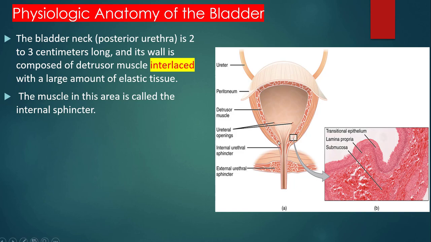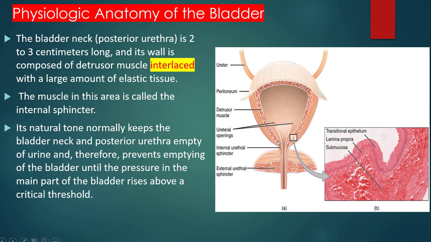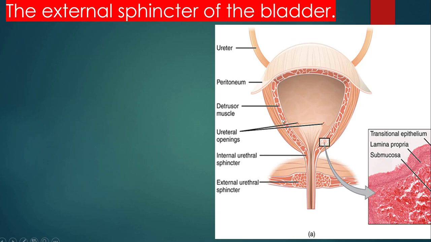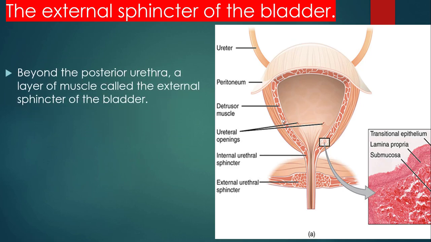Its natural tone normally keeps the bladder neck and posterior urethra empty of urine and therefore prevents emptying of the bladder until the pressure in the main part of the bladder rises above a critical threshold. Beyond the posterior urethra, a layer of muscle called the external sphincter of the bladder. This muscle is a voluntary skeletal muscle.